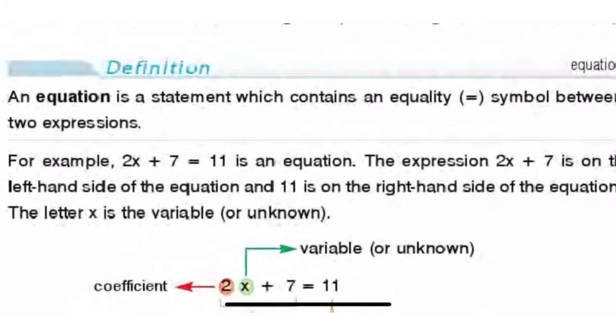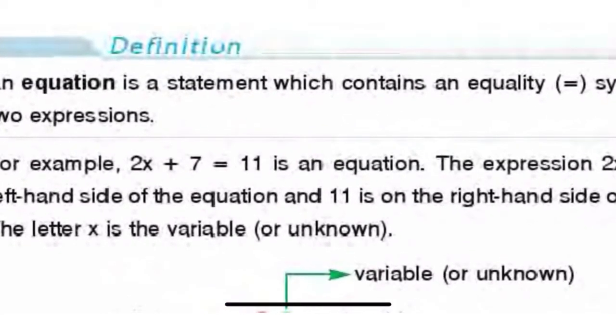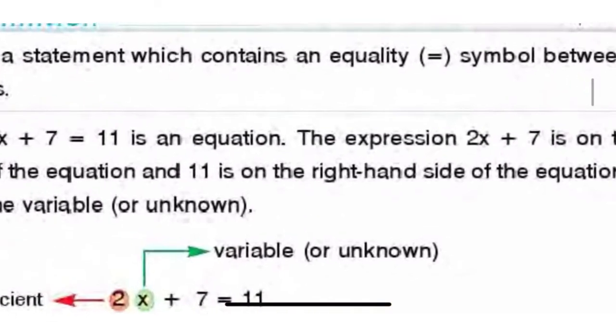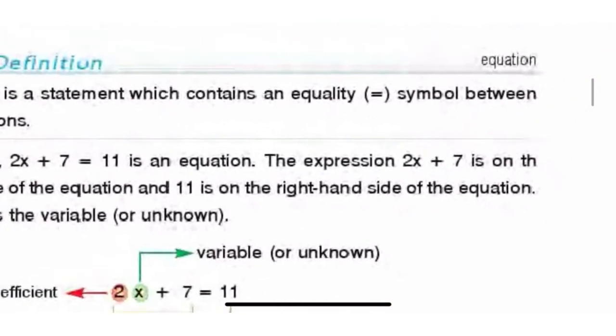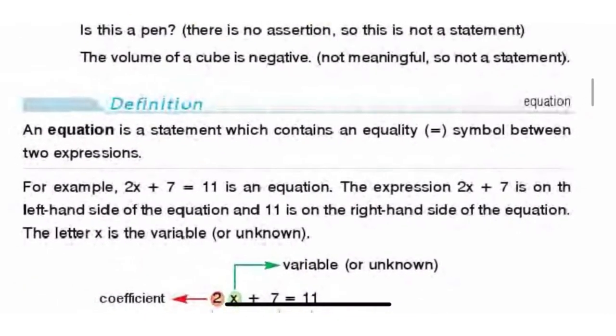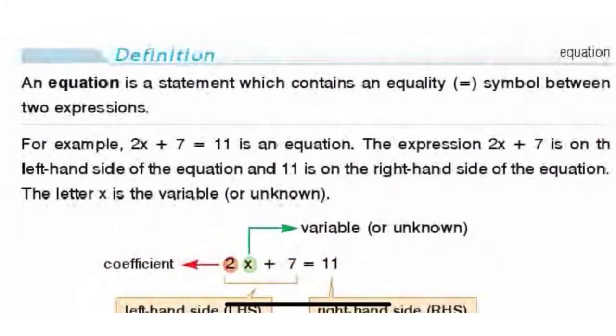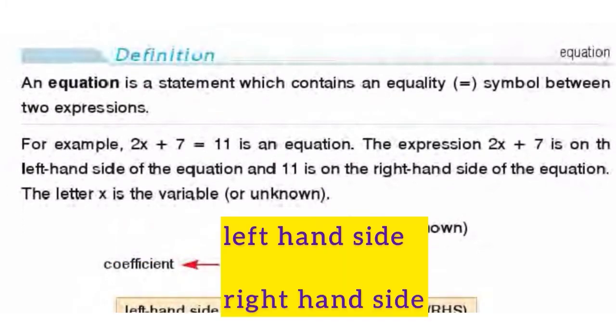For example for an equation, 2x plus 7 equals 11. This is an equation. And the expression 2x plus 7 is on the left-hand side and 11 is on the right-hand side of the equation. So there are two sides, left-hand side and right-hand side.